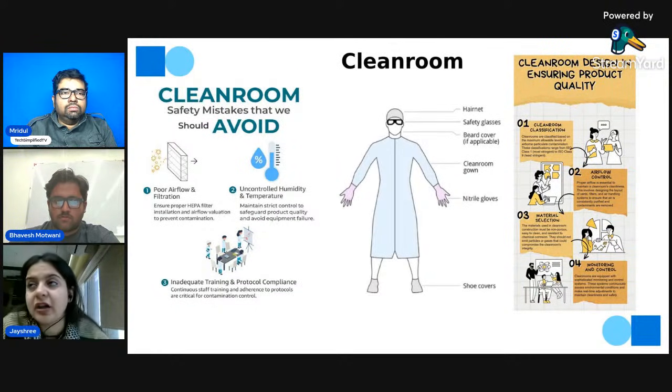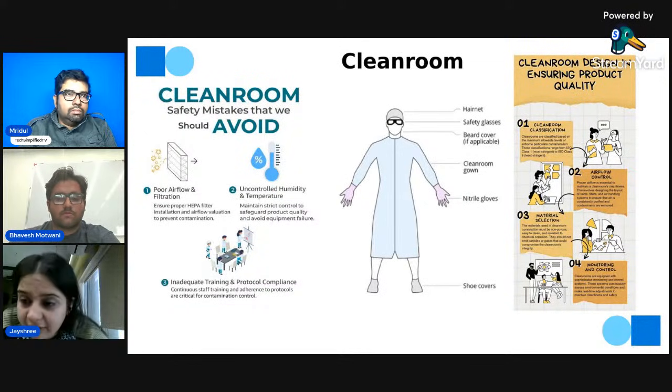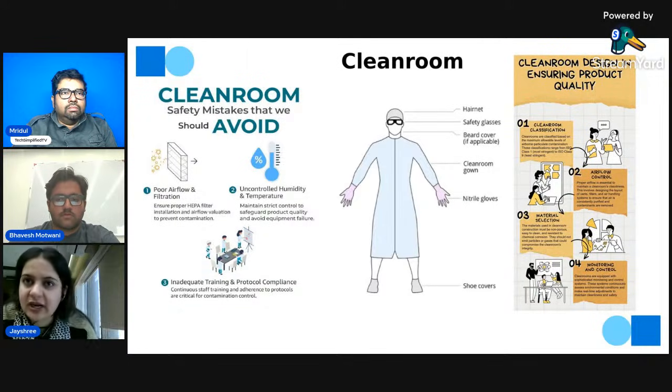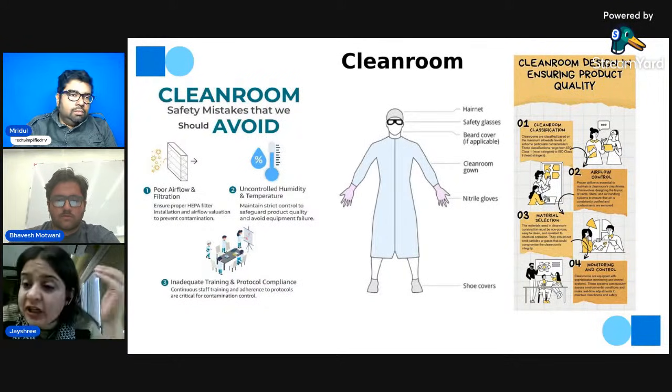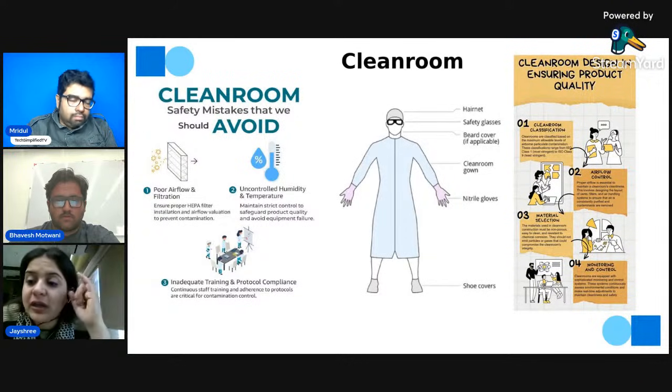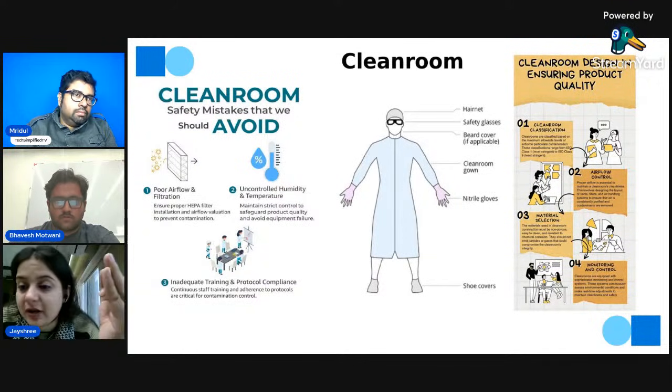And then monitoring and control, again the most important step, because sometimes we forget what we have kept on the machinery, and once it is done, we are going to process that machine again, so it needs to be cleaned again and again. So that's where the monitoring and control steps come into the picture.